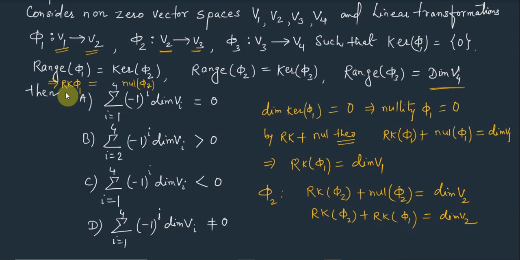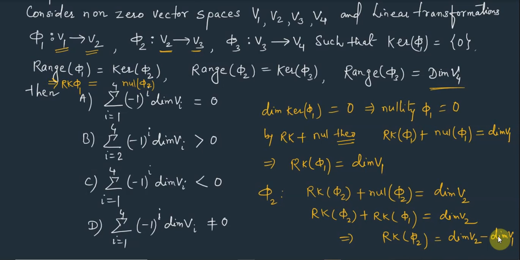So rank of phi2 is equal to the dimension of V2 minus rank of phi1, and rank of phi1 is the dimension of V1.